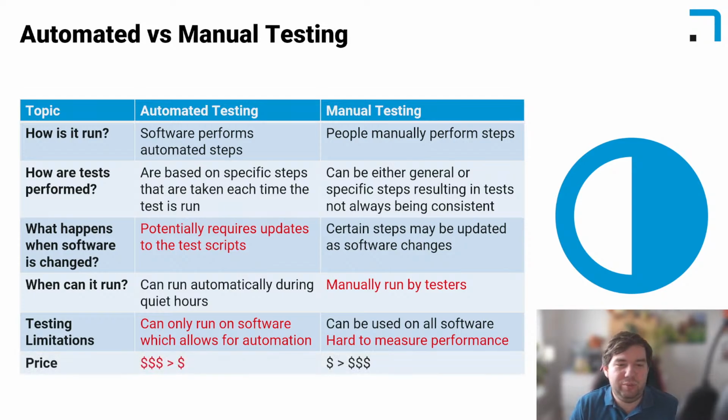Then, a key issue that we always find, price. I'm going to bring this up after we finish going through this graph, but generally speaking, I'd say that automated testing starts out kind of expensive, but then sort of mellows out and doesn't get too much more expensive over time.